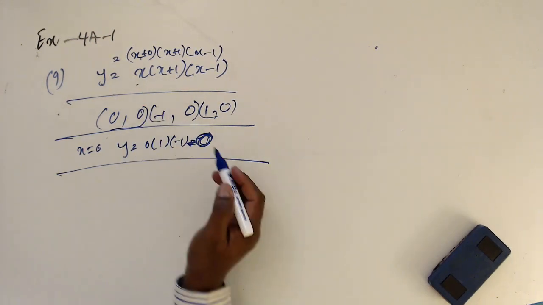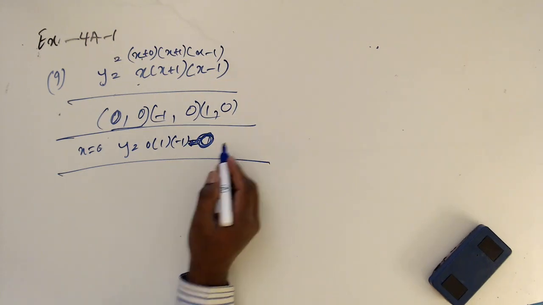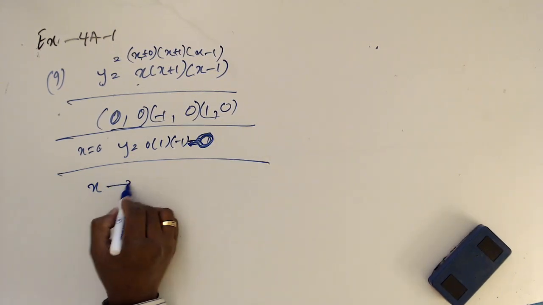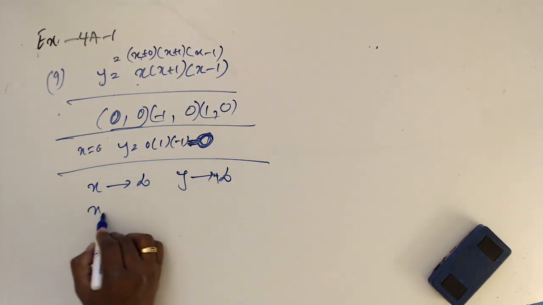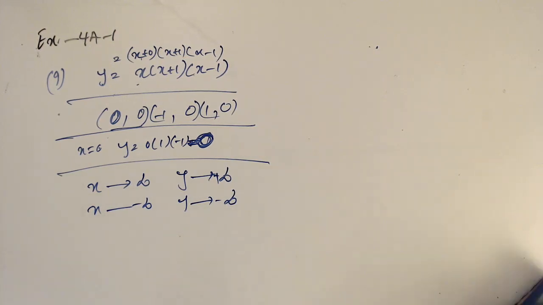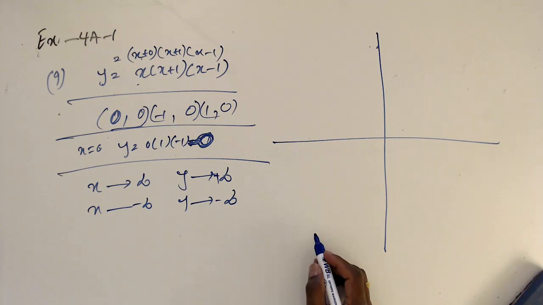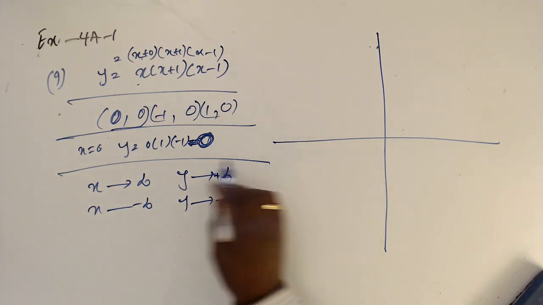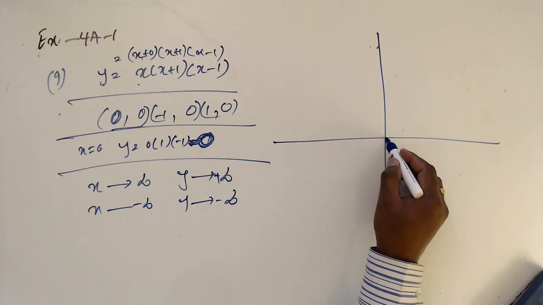Now x goes to positive infinity, y goes to positive, x goes to negative, y goes to negative. Now we'll draw this one. Minus 1 and 1. It's going to 0.